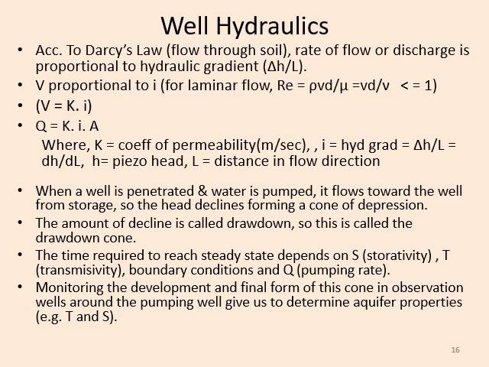Now we know that Q equals A into V. So if we introduce A and write K into I in place of V, Q equals KIA, where K is coefficient of permeability, meter or centimeter per second, I is hydraulic gradient, delta H by L or dH by dL, H is piezometric head, and L is distance in flow direction in the aquifer zone.